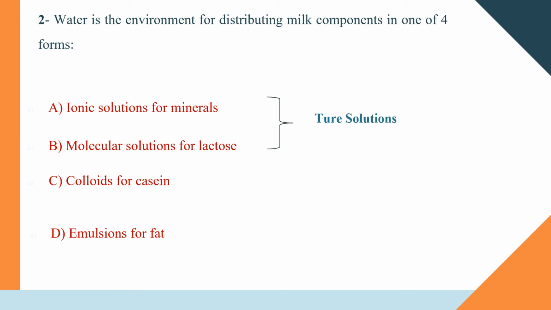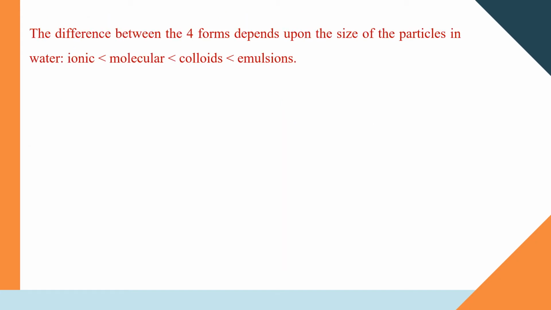But what makes those different solid components exist in different forms of solutions? In other words, why do minerals exist as true solution, whereas fat exists as emulsion? In fact, this is because of the particle size. If you have a solid component that has a small particle size, it is going to form a true solution. Let's have a look at this picture.